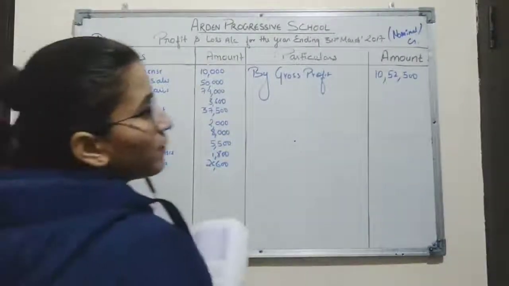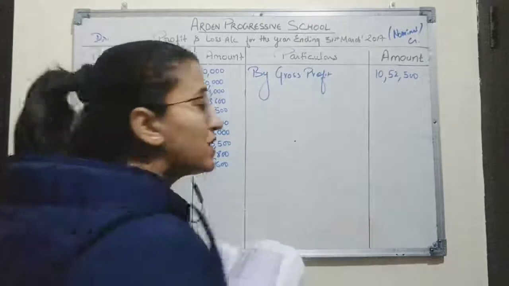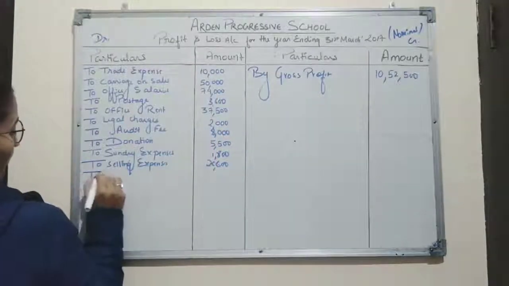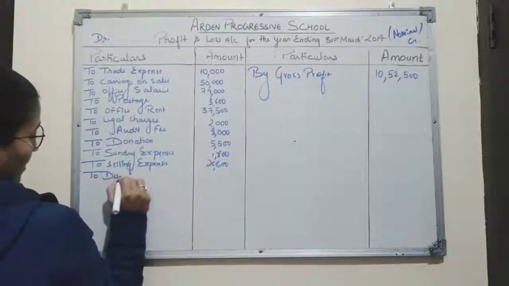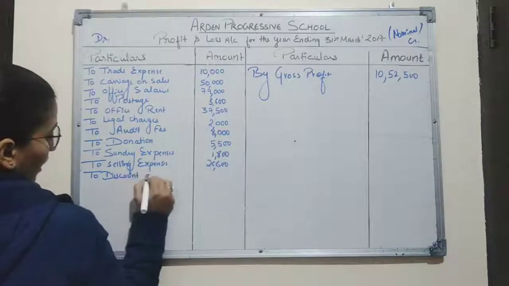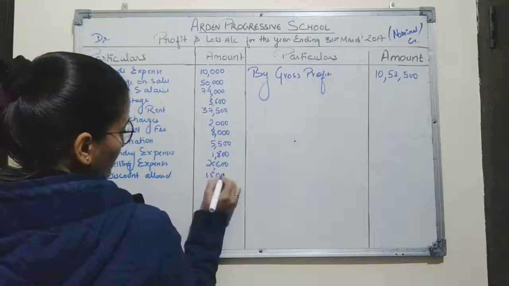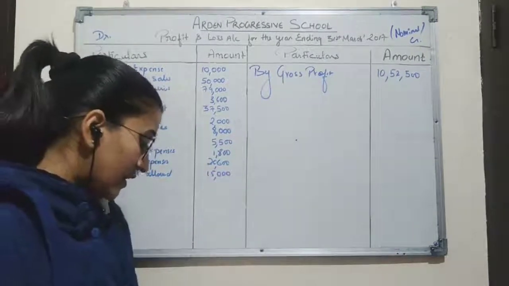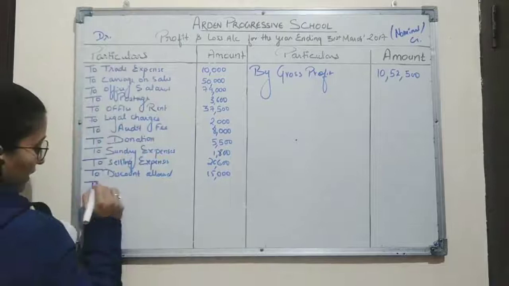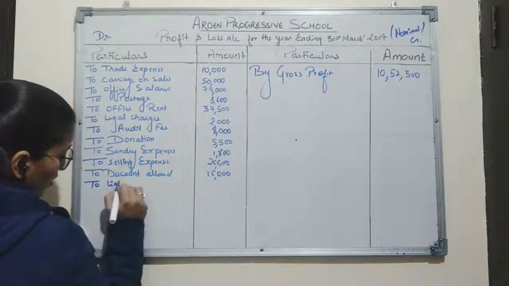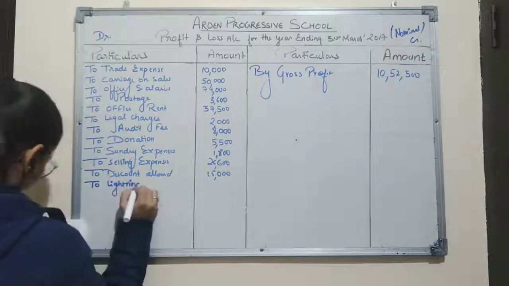After that, discount allowed. Discount is allowed by company. Discount allowed is expense for the company. So we will record it on debit side as to discount allowed. Amount is rupees 15,000. Next expense is lighting. So we will write it as to lighting.